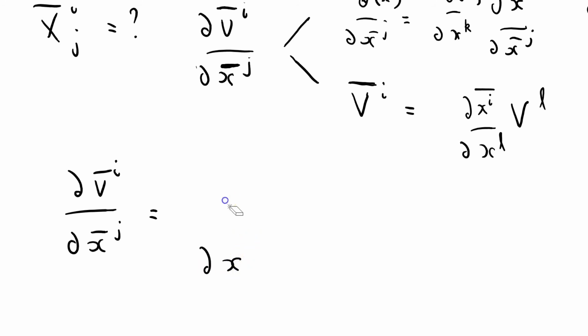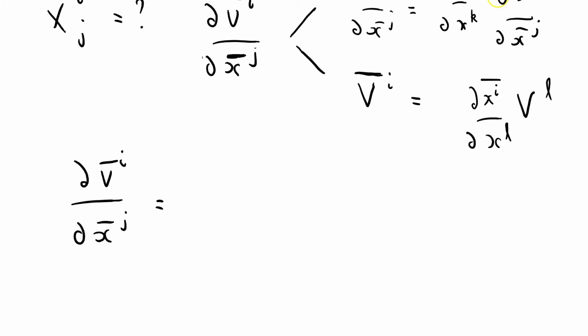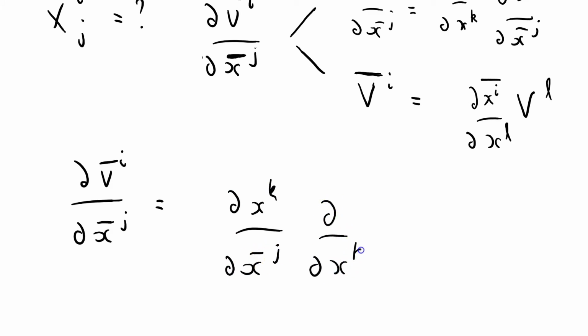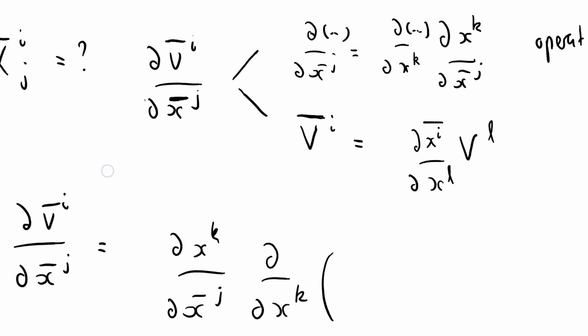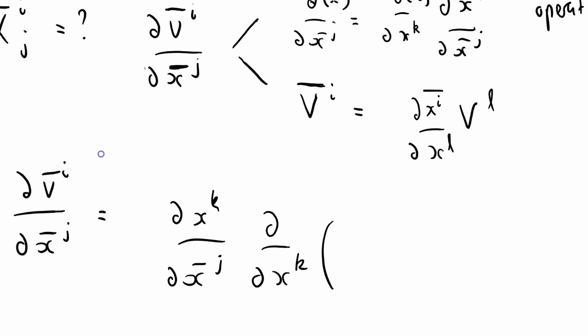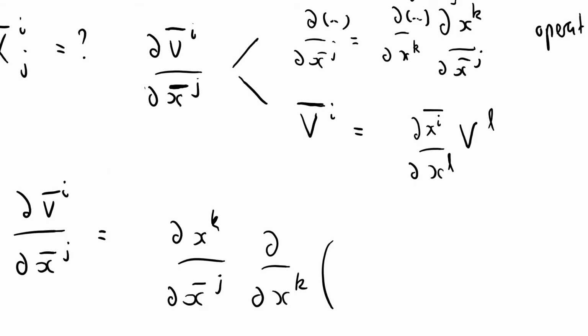Now let me rewrite. I'm getting myself tangled up here. I want to rewrite this as di x k by di x bar j, di by di x k of. You see, all I've done is taken this term here, and I've just swapped those two guys over. It just works out more easily. Have I got that right? Yes, there's a k there.